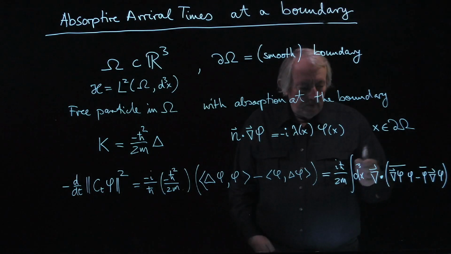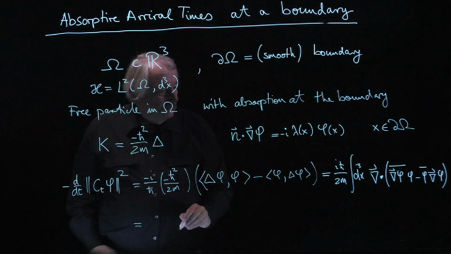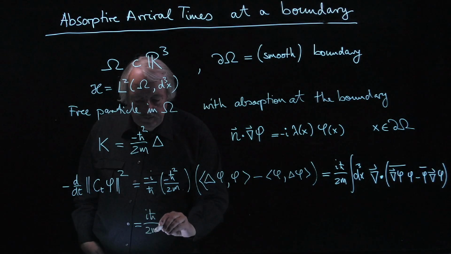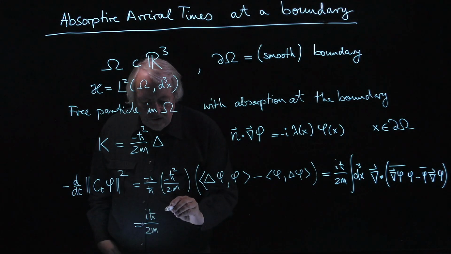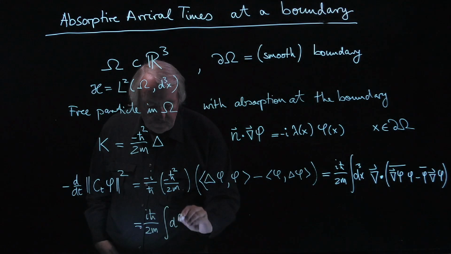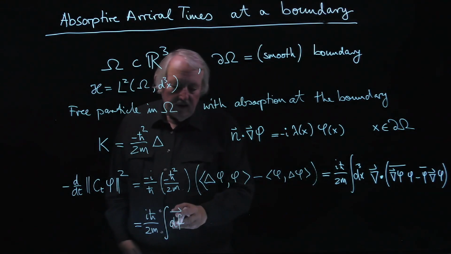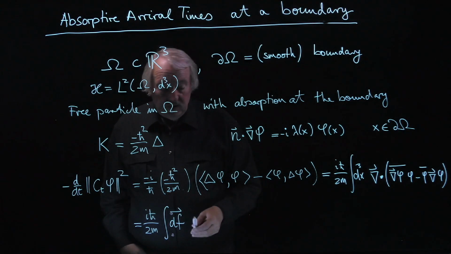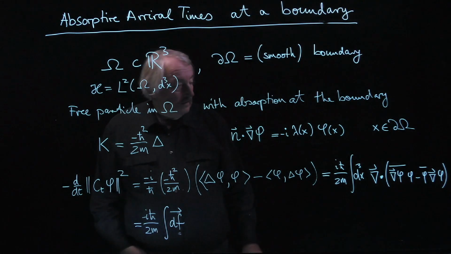So this is going to be i h bar over 2m. And then there will be, let's just write it, the integral. So this is the surface element there. The surface element is in the direction of the normal. Now for Gauss, applying Gauss's law, the convention is that you take the outward normal. Now we take the inward normal. So we put a minus sign here.